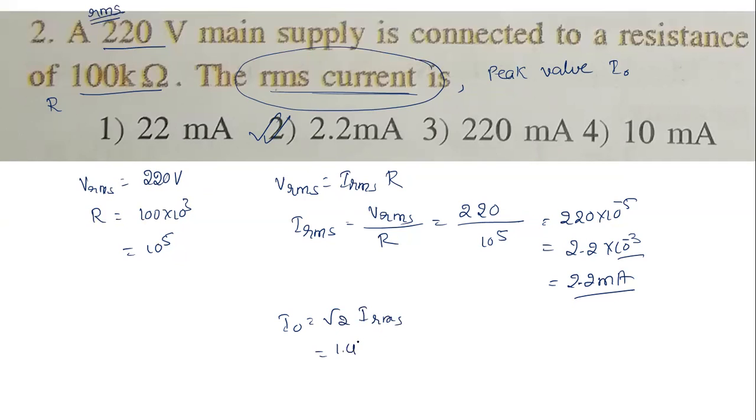So it will be 1.414 multiplied by I RMS. How much did we get? 2.2 milliampere. On simplifying, you get an answer, and that will become the peak value. So the question needs to be understood properly, what they ask. So this is question number 2.